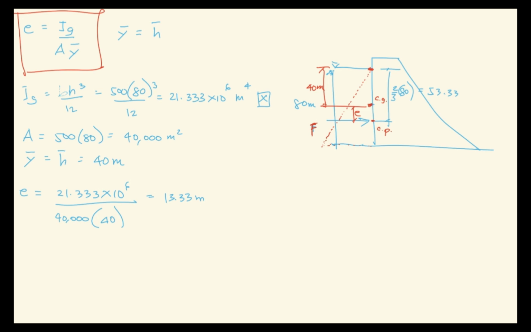Okay, so let us see if indeed this will be equal to 53.33. Okay, so E plus 40 is equal to 53.33.